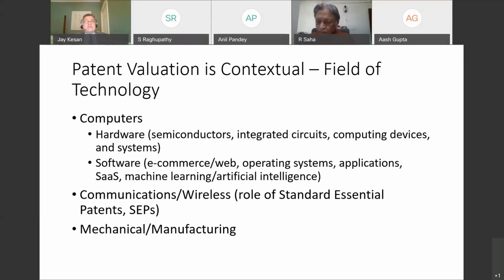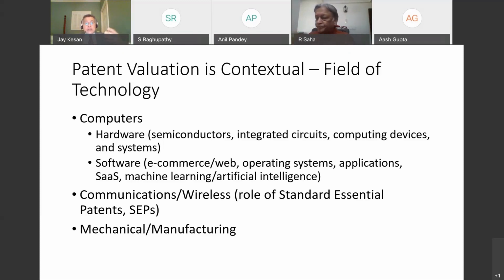But that's it. Very often there are no more than 3 or 4 patents covering that particular formulation, that particular drug. In that situation, the value of each patent is many orders of magnitude more than what you would find in the world of computers and communications.